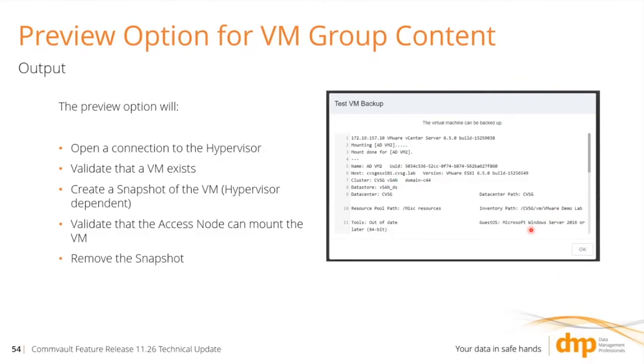And all that information during the test will be shown in the command center. So you will exactly see what is being tested, which machines are included in the backup. If everything goes well, or for example, if the mounting goes wrong, you will get a very detailed test report in command center for that virtual machine group.